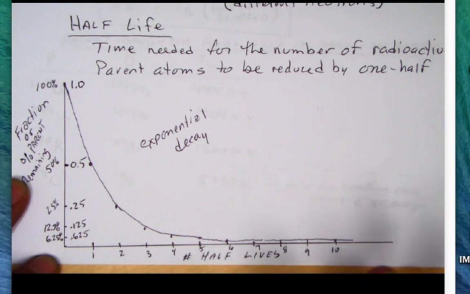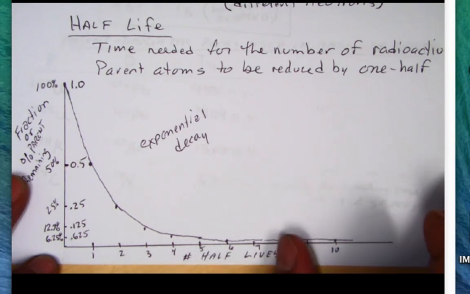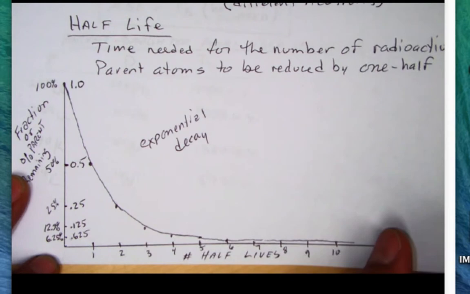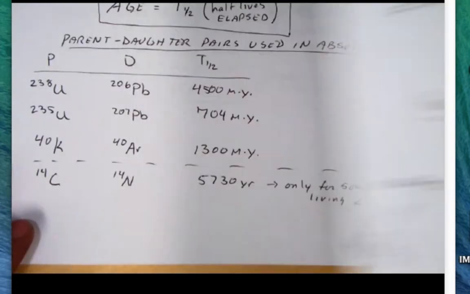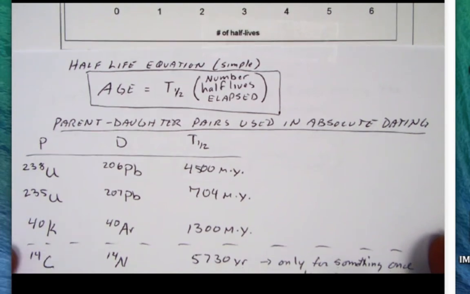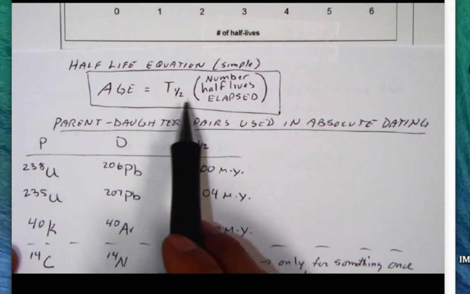And there are some complicated formulas that we can work into and I'd have to review them for you, but I'm going to show you a simpler way to get ages from radioactivity, and we'll use this half-life method. Now, if we look over here, the half-life equation, the simple way: the age of the sample will be equal to something called T1/2.